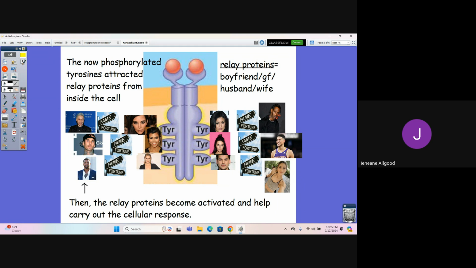So even once they break up, once these relay proteins detach, they can go off and do their own thing. Good? It's not perfect, but for some of you, that's how you're going to learn this pathway. And you don't have to say who you are, but some of you, that'll really help you learn this pathway.